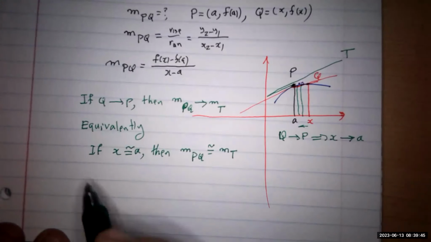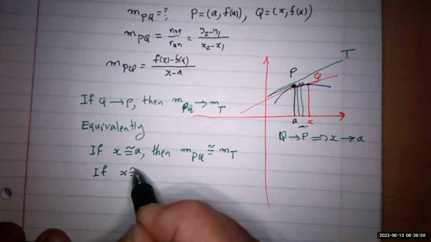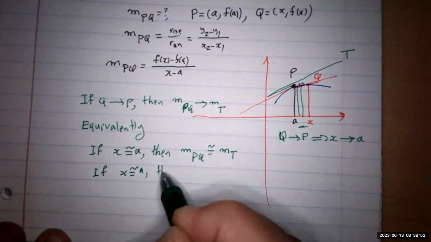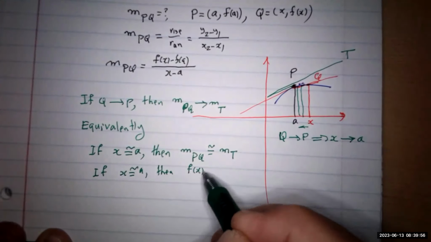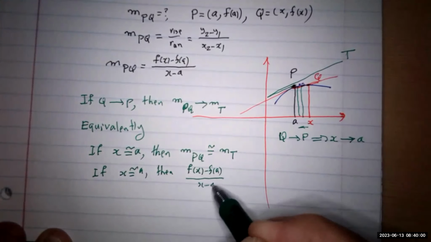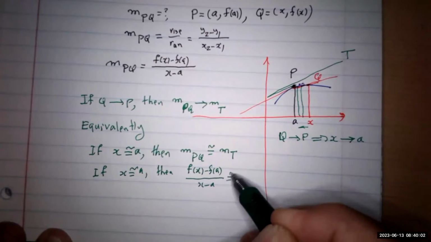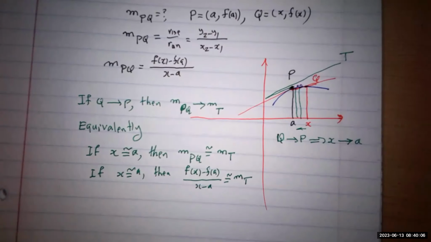So if x gets closer and closer to A, then the slope of a secant line, of course, f of x minus f of A over x minus A, is going to be the slope of a tangent line.